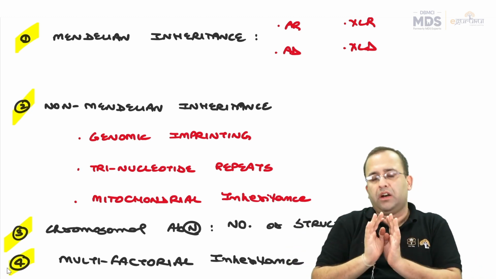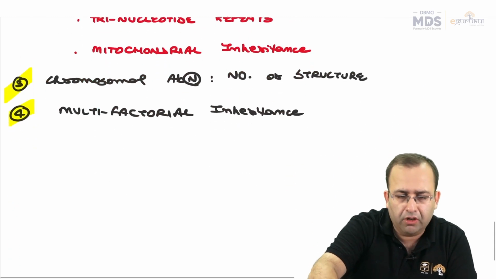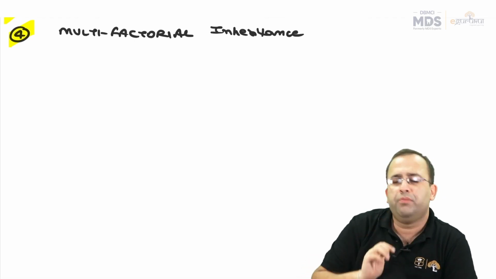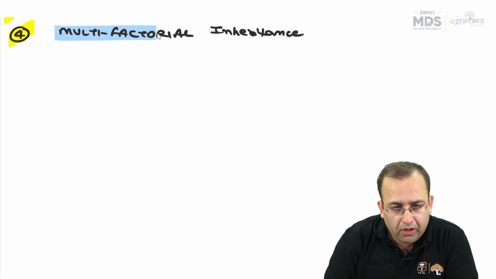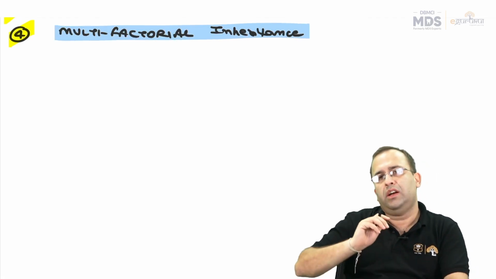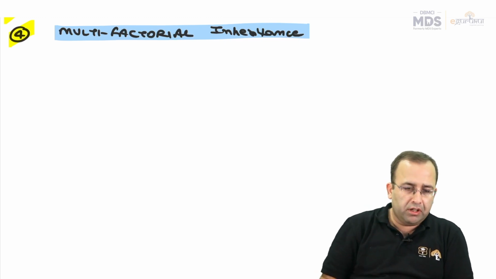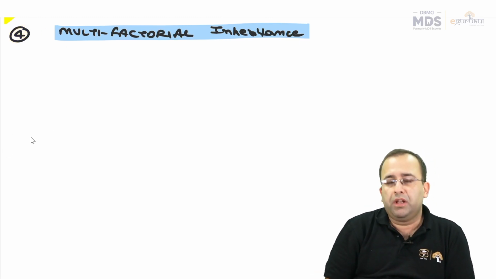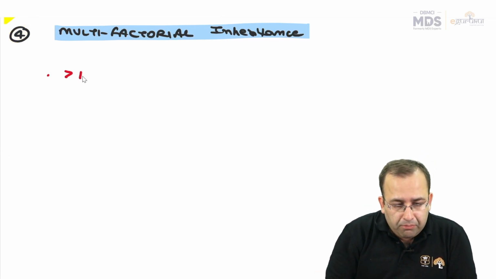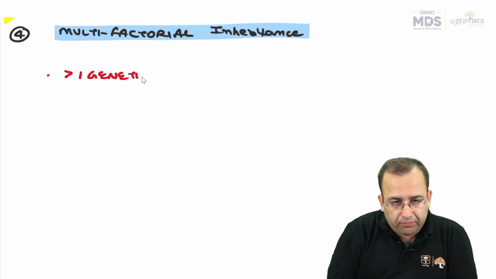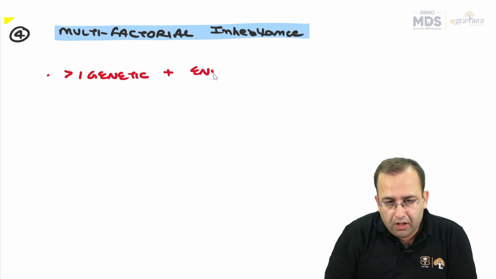So let us first start with the easiest of the lot, a very small 2-minute topic, multifactorial inheritance. The name tells you everything. Multiple factors play a role, that is more than one genetic plus environmental factors.